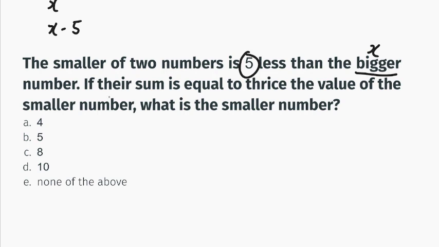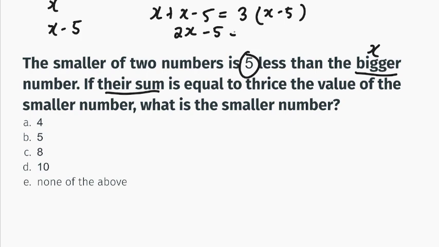So it says here that their sum is twice the value of the smaller number. So the sum, which is x plus x minus 5, is equal to thrice the smaller number. So we just have to solve this equation essentially. So we have 2x minus 5 is equal to 3x minus 15.